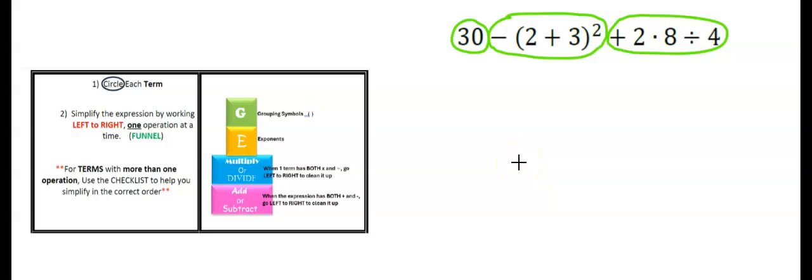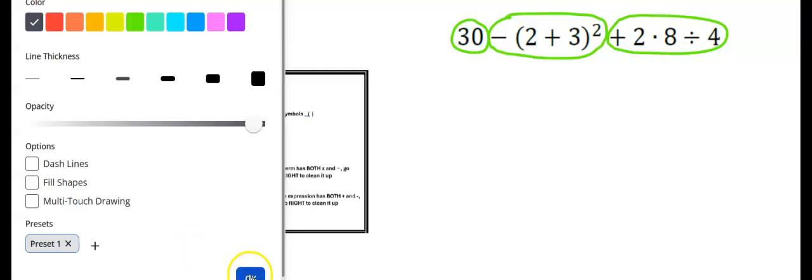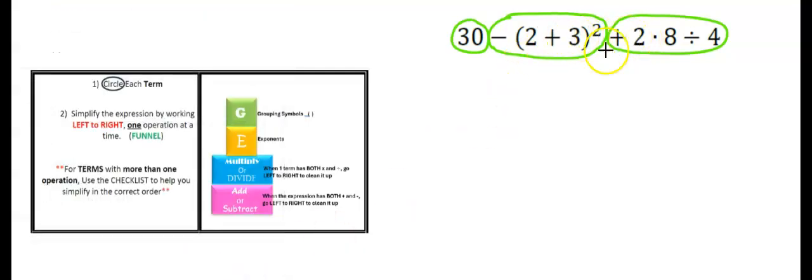Looks like there should be a lot more, doesn't it? Okay, there's only 3. 30 is a term, then here's your minus sign. And then the grouping symbol, 2 plus 3 squared, that's 1 term. And then your plus sign comes up, and then your next term is 2 times 8 divided by 4. So we've got 30. Nothing to do to that one. It's all by itself, but these are a bit of a mess. Got to clean those up.